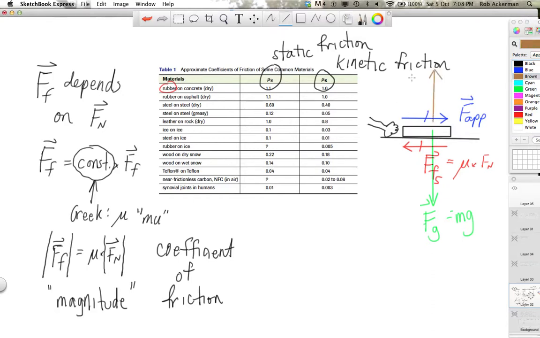And assuming your phone is not accelerating upward or downward, it would be safe to say that the normal force is equal in magnitude. I give that a double tick mark so I don't confuse it with the single tick marks over here, and double tick mark for gravity. So using a little bit of logic, you can figure out that the normal force here is equal to mg. So you'd end up with mu mg, right?